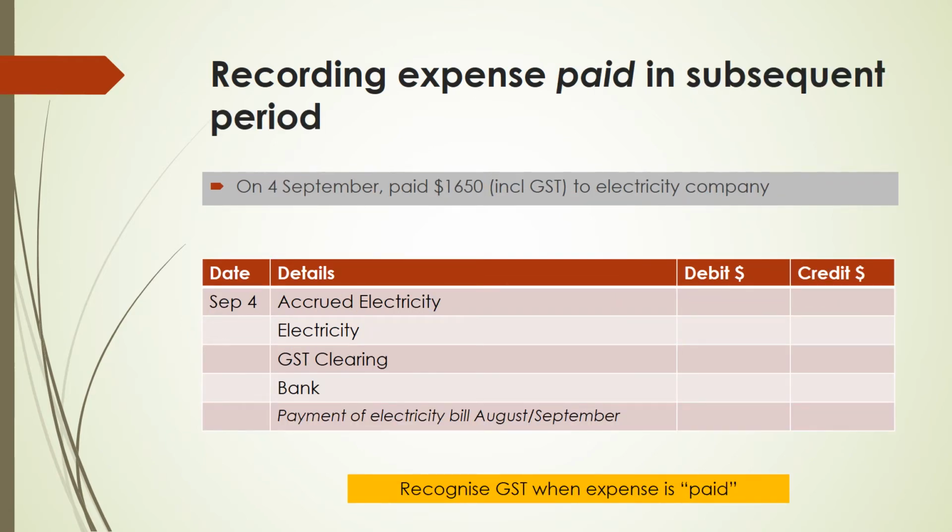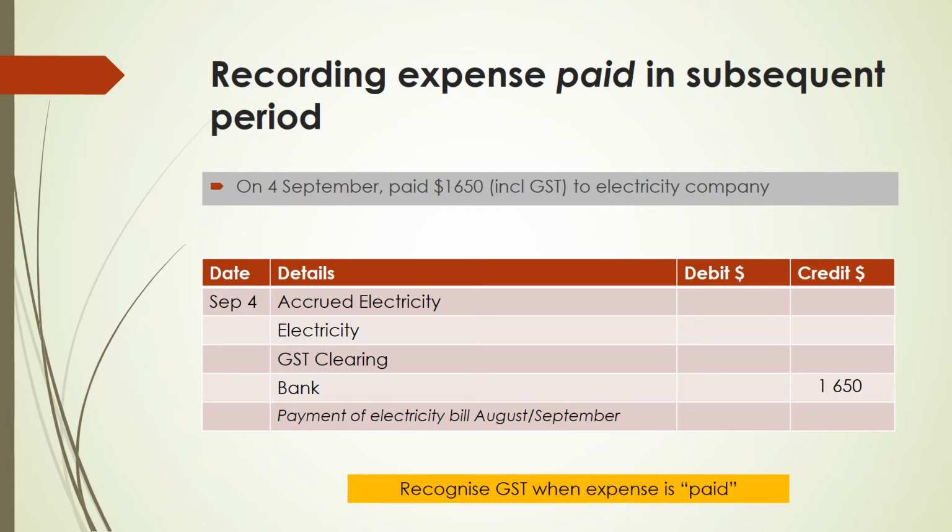Here in the subsequent period on the 4th of September, we are making a payment of $1,650 including GST for the electricity bill. So on the 4th of September, the total amount of $1,650 is coming out the bank account. Therefore, we credit the bank account for the total amount.